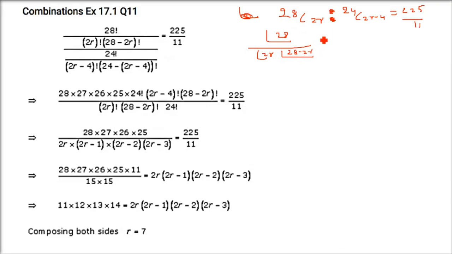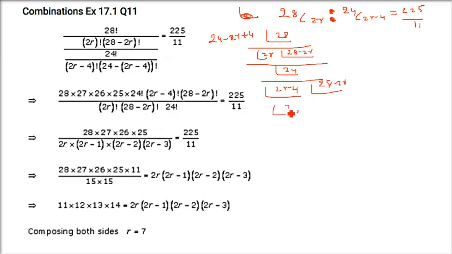And now this you are going to write as divided by factorial 24 by factorial 2r minus 4 and factorial 24 minus (2r minus 4), that is 24 minus 2r plus 4, which is 28 minus 2r.